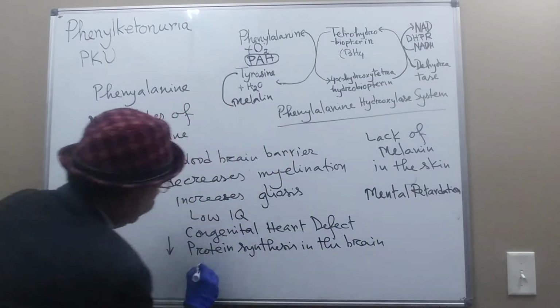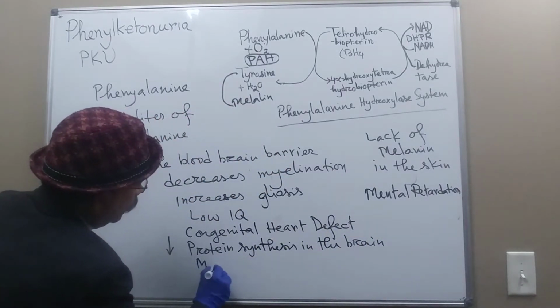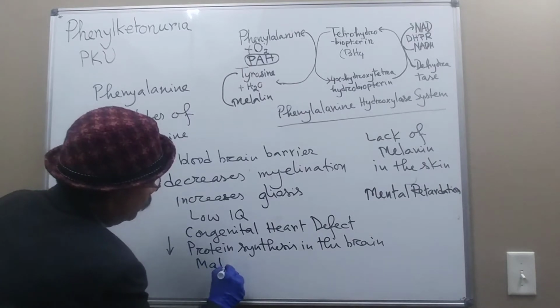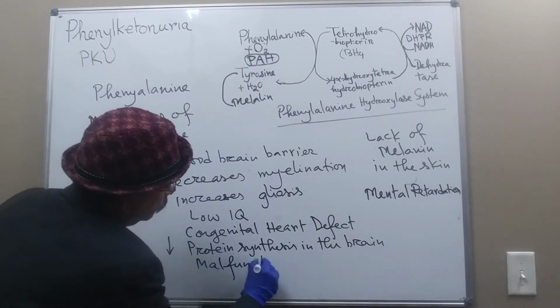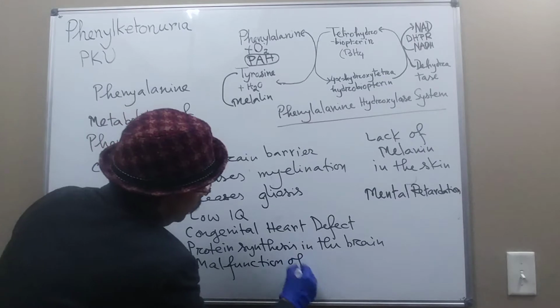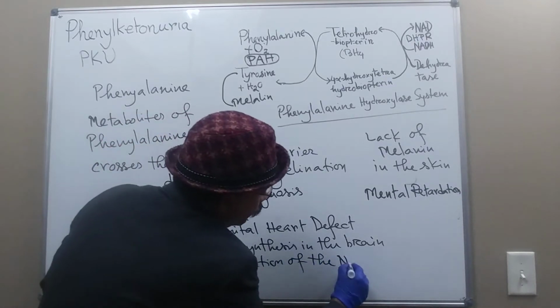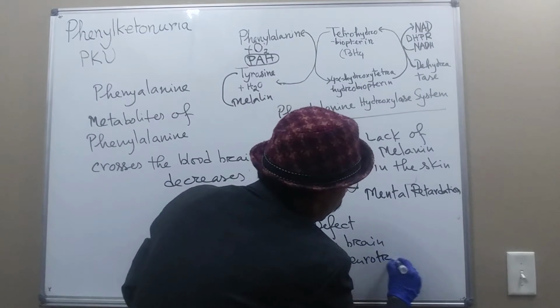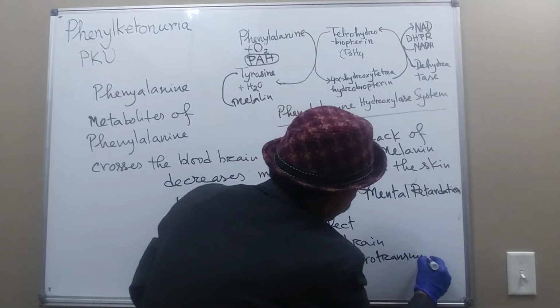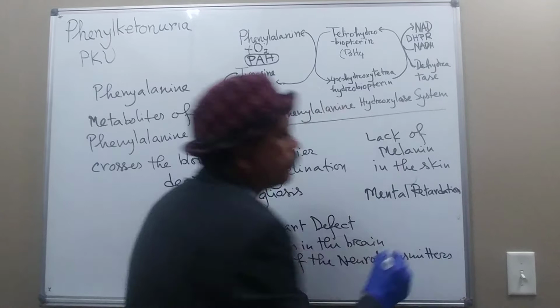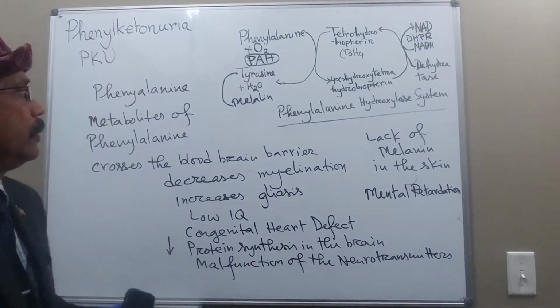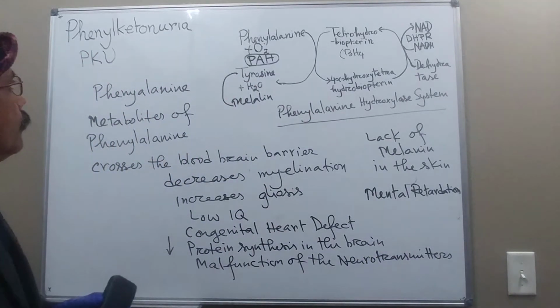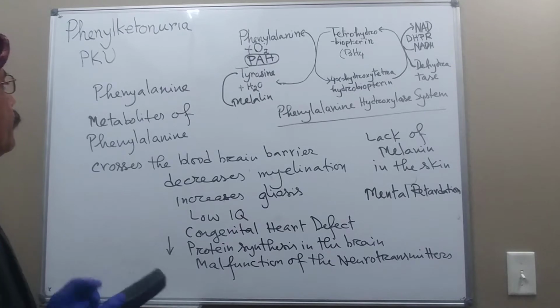So there will be malfunction of the neurotransmitters in the brain. These are the problems associated with phenylketonuria.